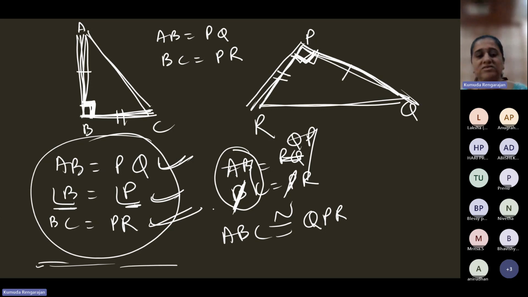To do that, do this as rough work. Don't show all this here. So this is the order: ABC congruent to QPR, not PQR. Now you can see the hypotenuse AC is equal to the hypotenuse QR. See here, AC, you can see QR.